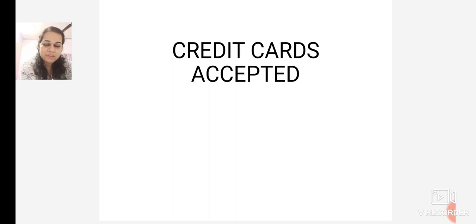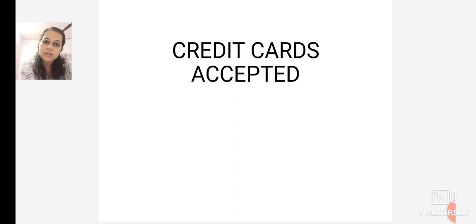You all might have traveled in a bus. So in the bus, who collects the money? Who gives us the ticket? The bus conductor gives us the ticket. So does he accept the card? No. Why? Because there we have to pay money in cash.